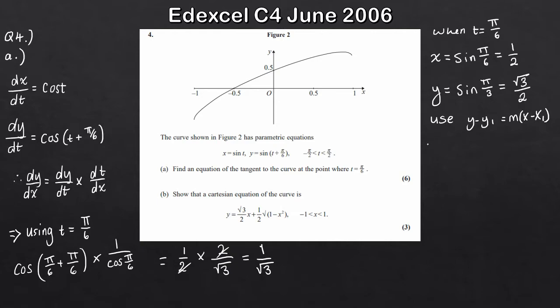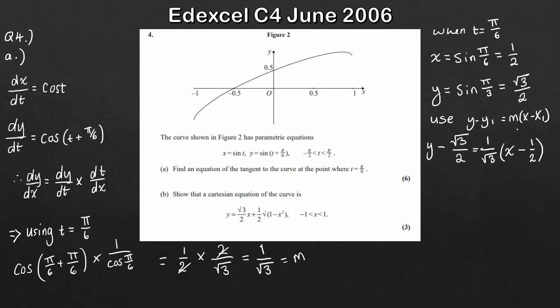So this is y minus y1. Don't forget our y1 is this here, so minus root 3 over 2 is equal to m, well this is m, so 1 over root 3 times x minus x1, which is a half.